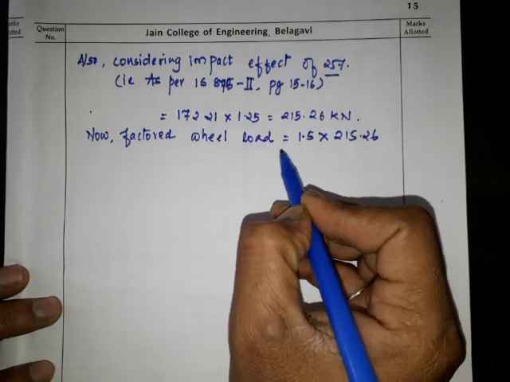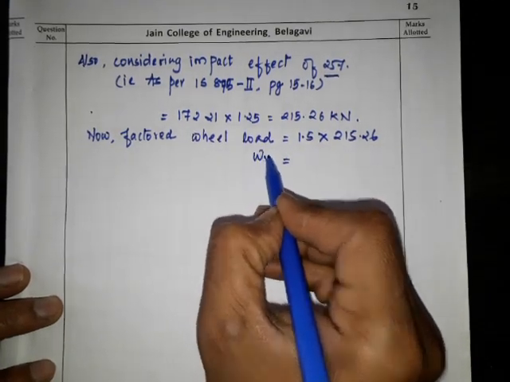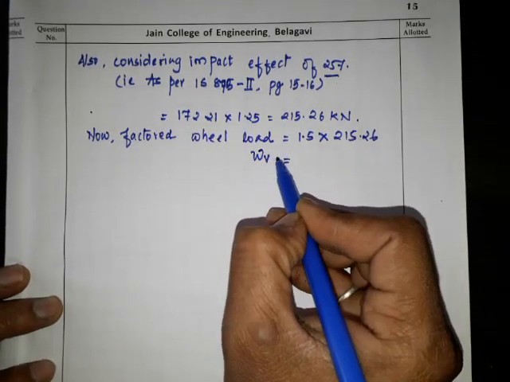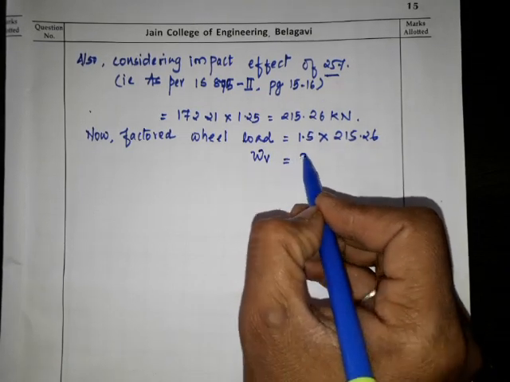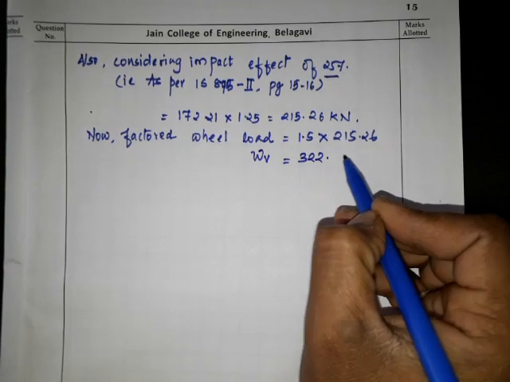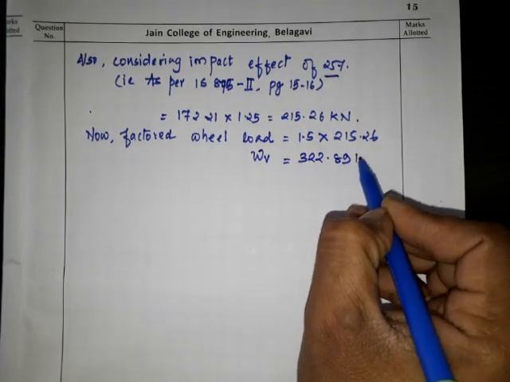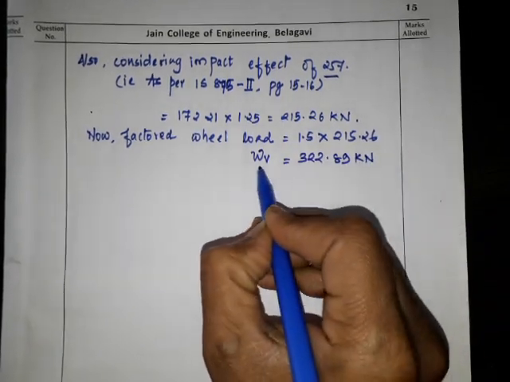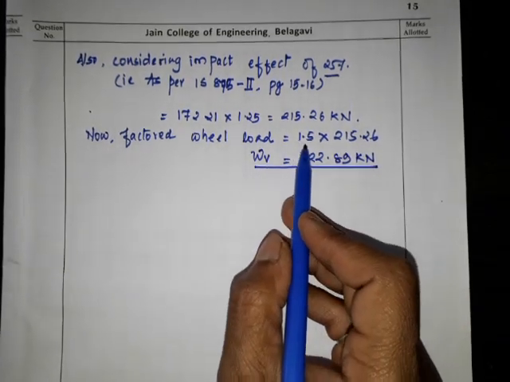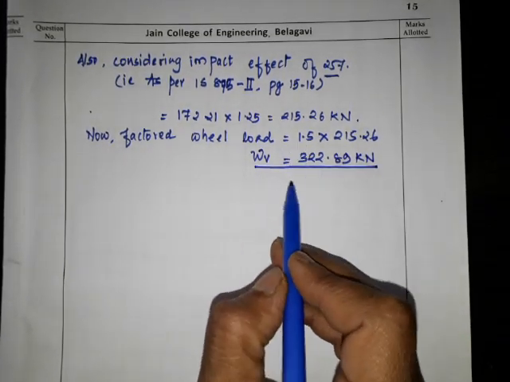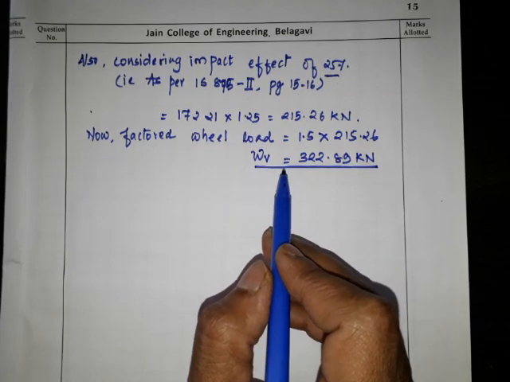So we get the total load, I call it WV. It is WV because it is a vertical load. So it will be 322.89 kilonewton. So this is the load acting over the gantry girder by considering the factor of safety of 1.5. So this is the total vertical load.